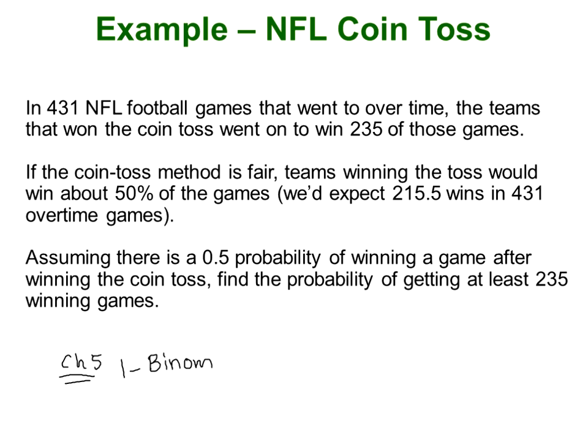I think we did 1 minus binomial CDF, and then we entered n, which is 431, p, which is 0.5, and I didn't enter 235, but we entered 234 because that gave us the probabilities of what we didn't want, and then of course we subtracted from 1 to get the probabilities of what we did want. That's what I'm referring to when I'm talking about using Chapter 5 methods.